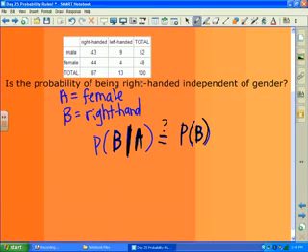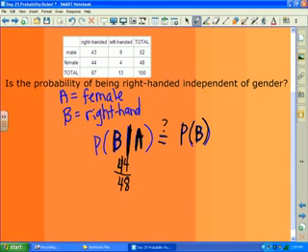Okay, so I would go through my math and say, okay, well this here is 44 out of 48. Wrong. 44 out of 87. Nope, 44 out of 48.